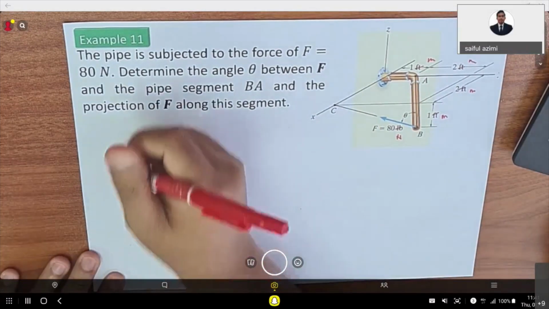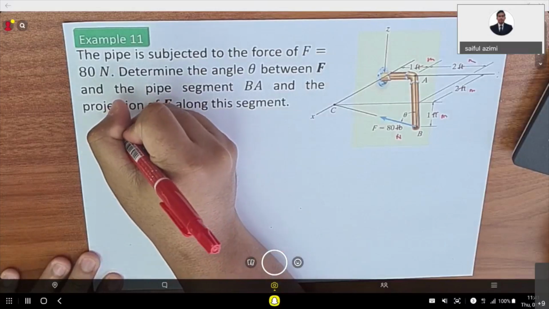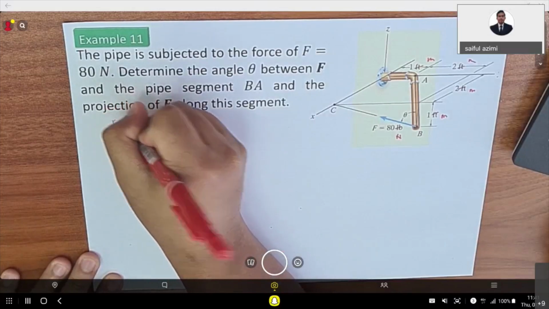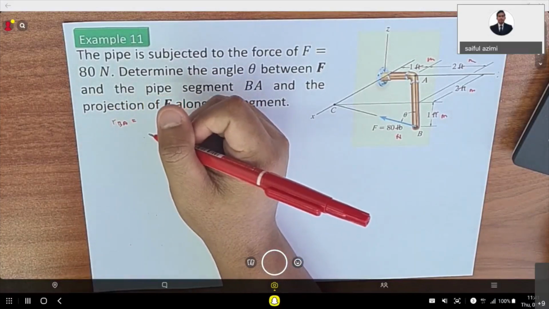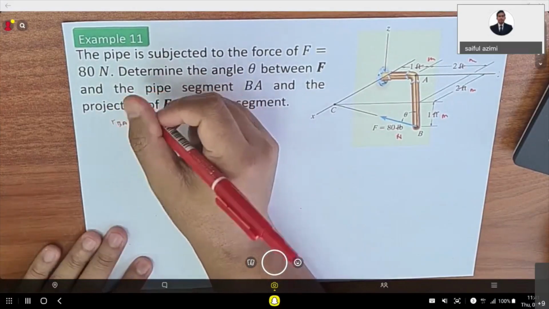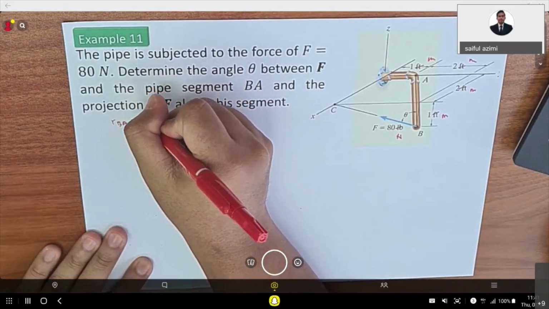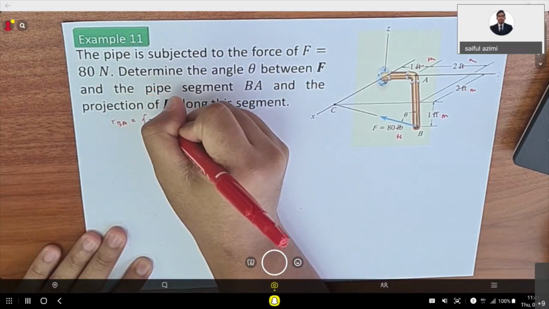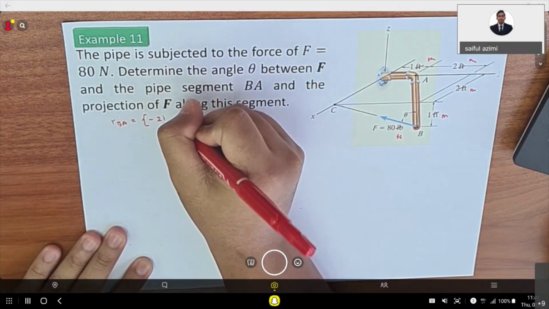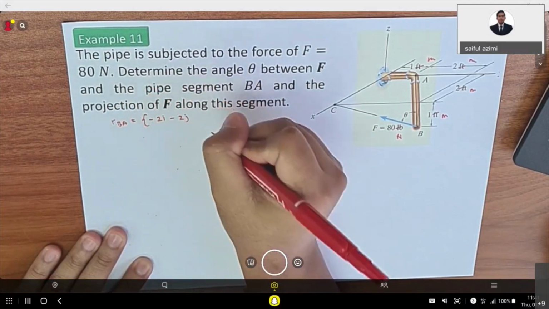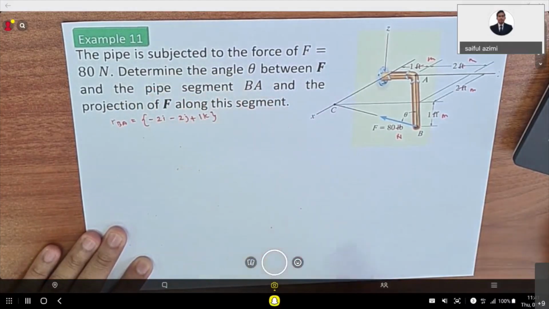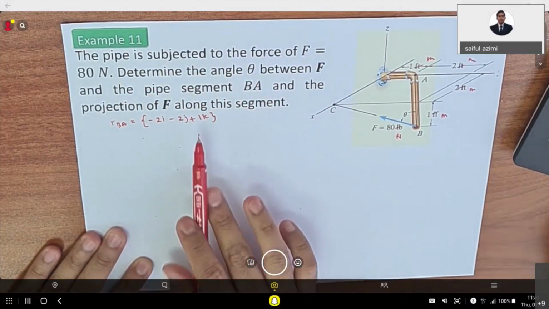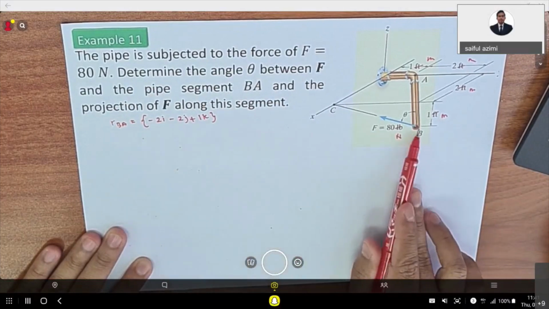First you need to find the position vector in order to find the unit vector. So the position vector of RBA equals negative 2i minus 2j plus 1k.